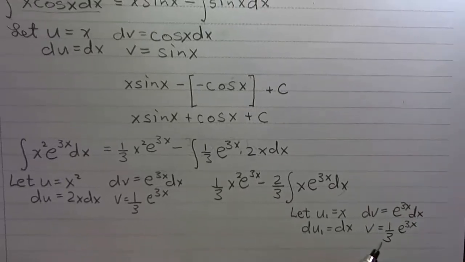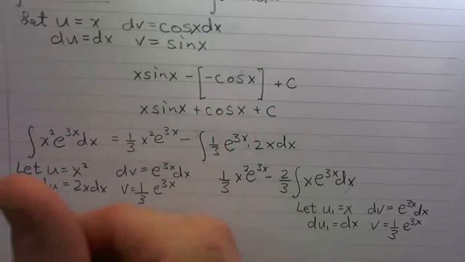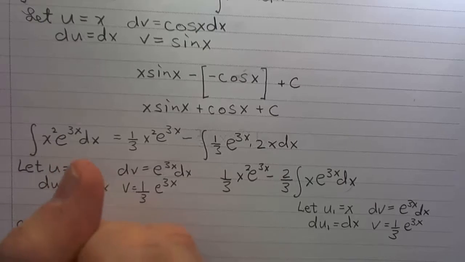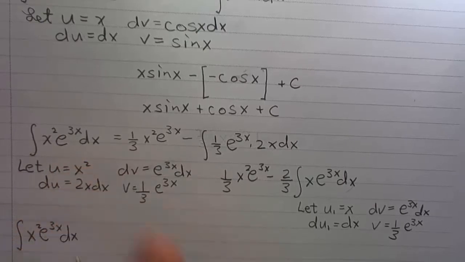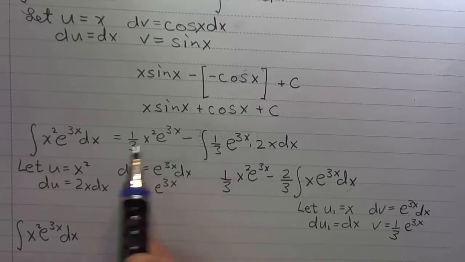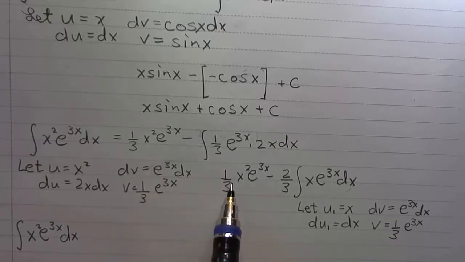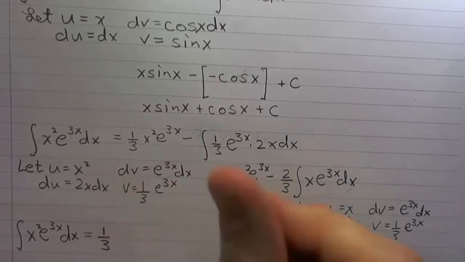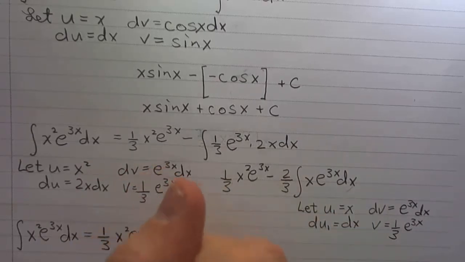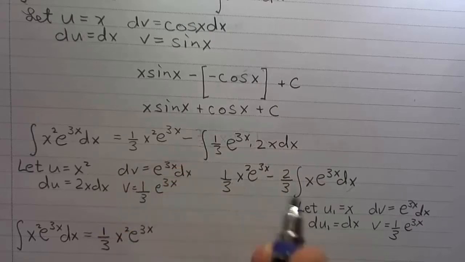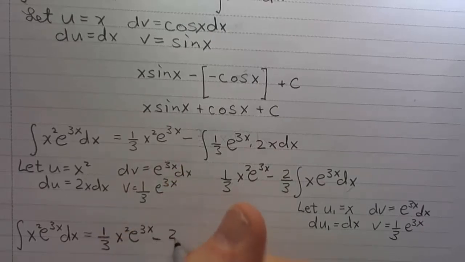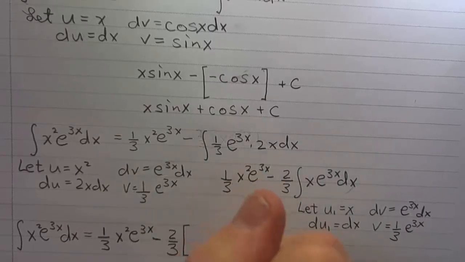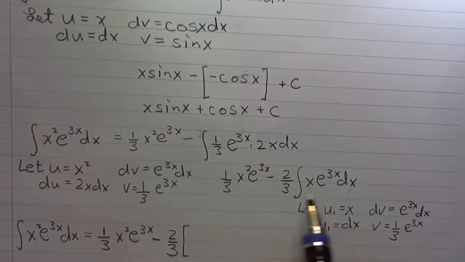Now, let's go back here and see what we have. So let me just write the whole thing over. We've got the original, x squared e to the 3x. And we have 1/3 x squared e to the 3x, see, this is what we had before, minus 2/3. Now, in place of this integral, I'm going to put what we found with integration by parts.